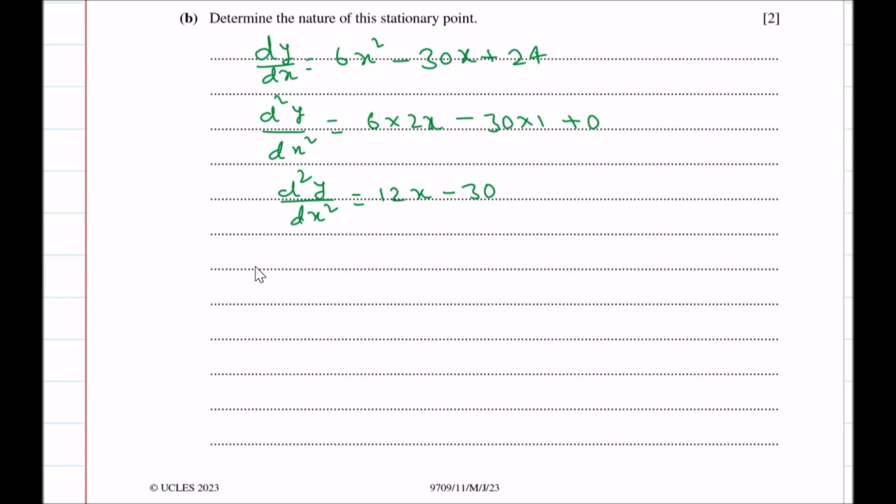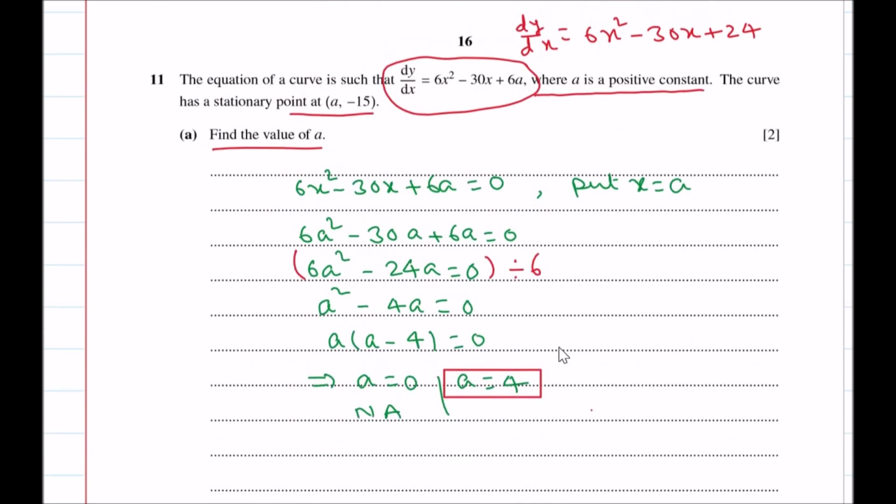Now at x equal to 4, because we have a equal to 4 and here it says a is the x coordinate, right? So that means the x coordinate is also 4.